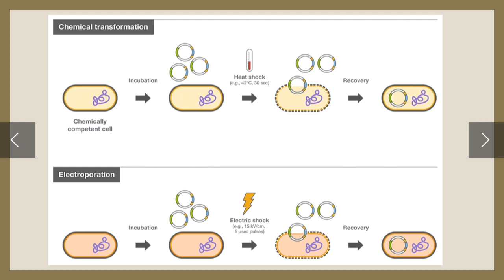You can see here the chemical transformation and electroporation transformation. Chemically competent cells: incubation, heat shock, recovery, is the chemical transformation process. And the electroporation method includes incubation, electric shock, and recovery.